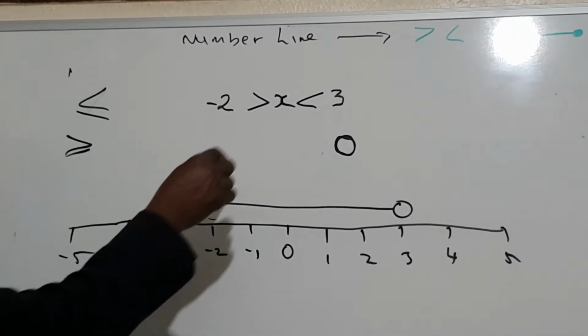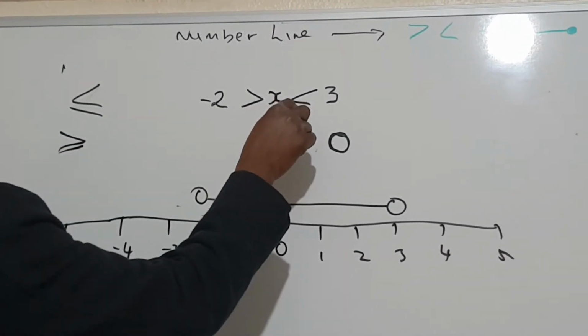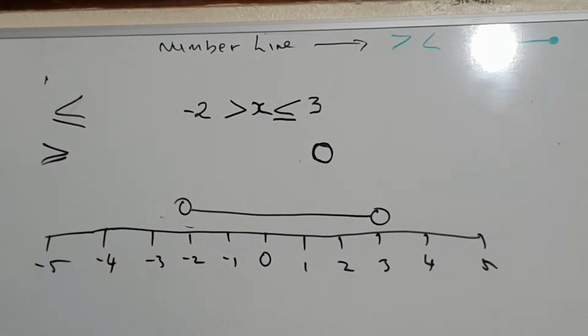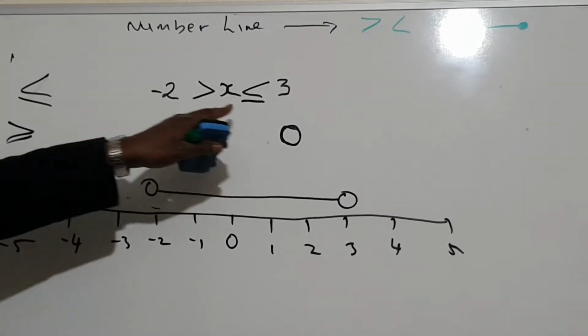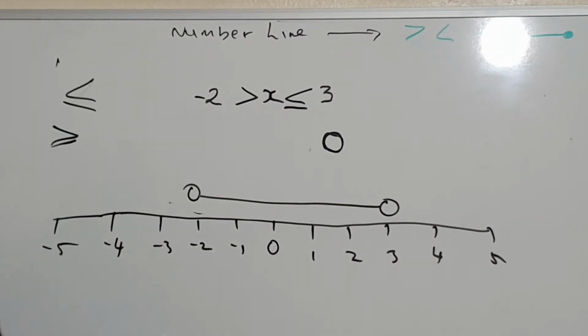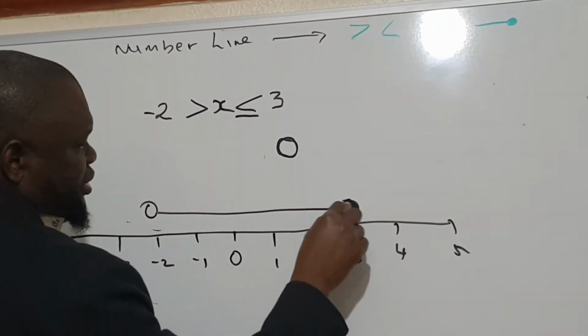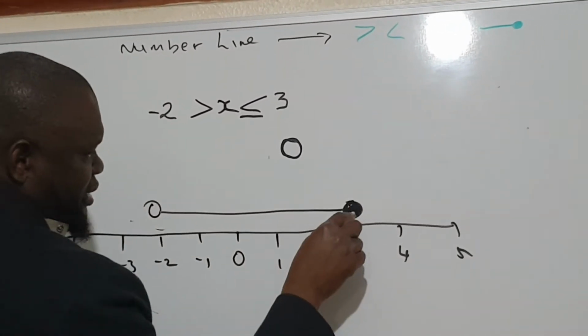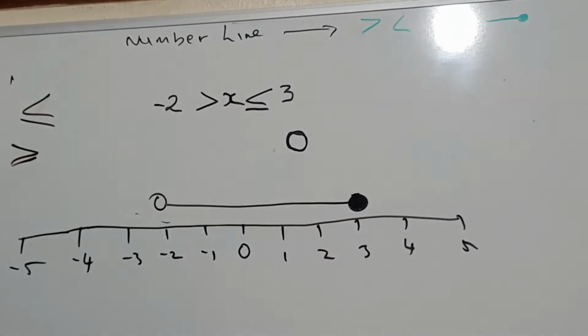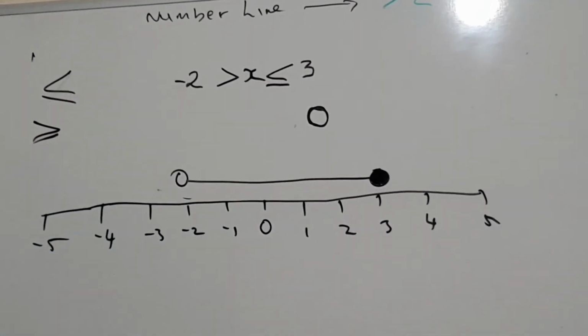If they had put it that way, this means less than or equal to it, then this would have been shaded. Because the number includes 3 itself, isn't it? Yeah. You see?